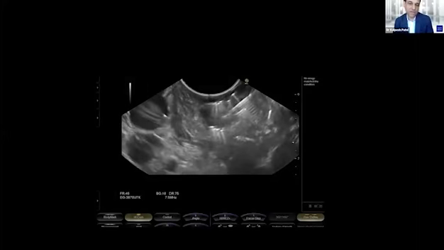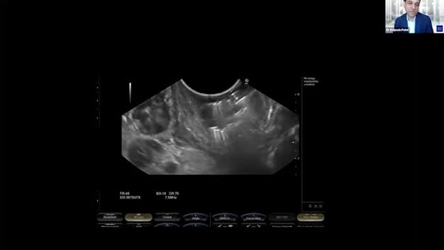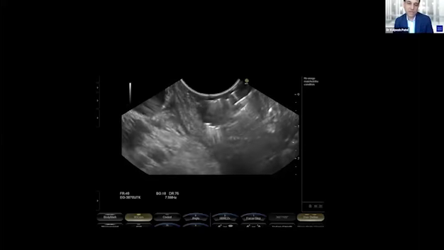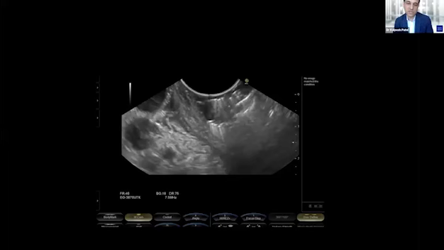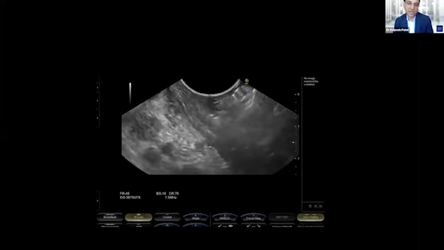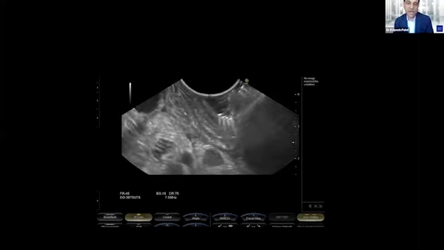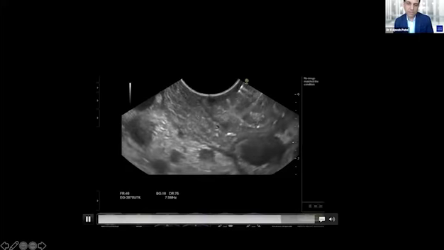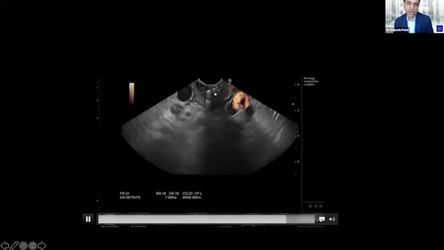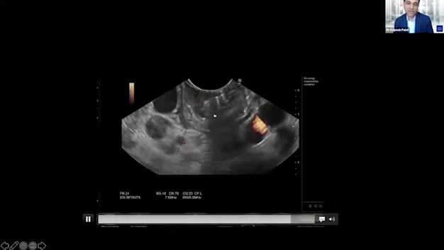And then finally, we can see there, and we're typically using between 1 and 2 cc's only for most of these cases. As we know, the embolization risk is correlated to the total volume. So this has really allowed us to limit that and minimize that risk. And here you can see at the end, I believe we'll run the Doppler over it to confirm, here we go right here, that we don't have flow in that varix. Very nicely done.